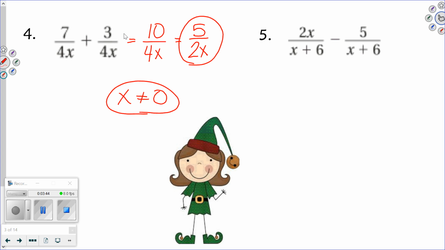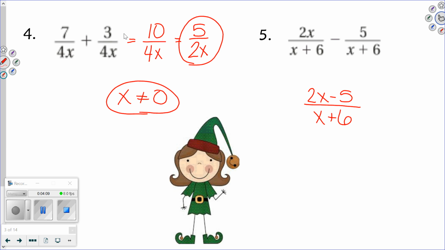All right? 2x over x plus 6 minus 5 over x plus 6. Ooh, very nice. The common denominator is x plus 6. And so then on the top, 2x minus 5 is 2x minus 5. So do you guys see now it's just one fraction, right?